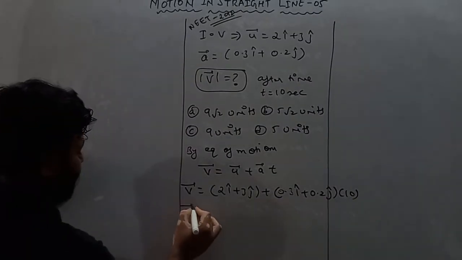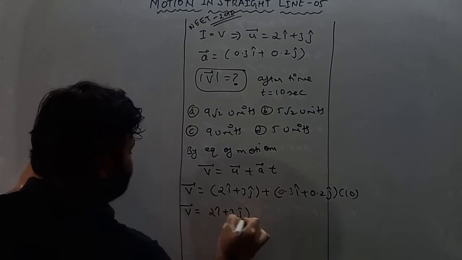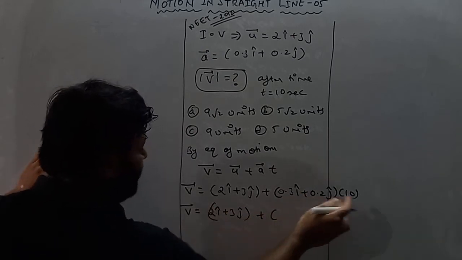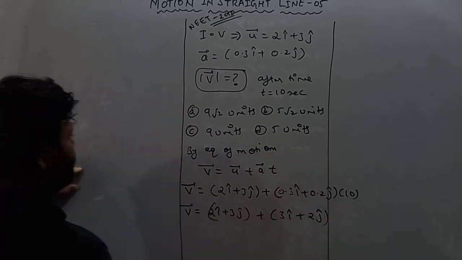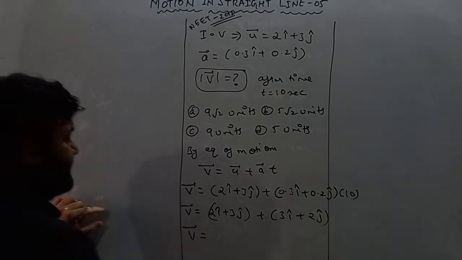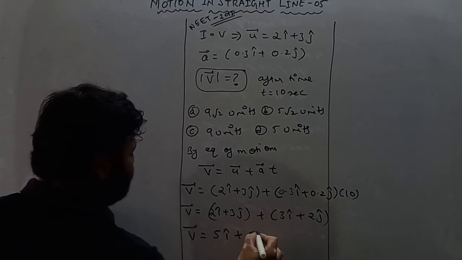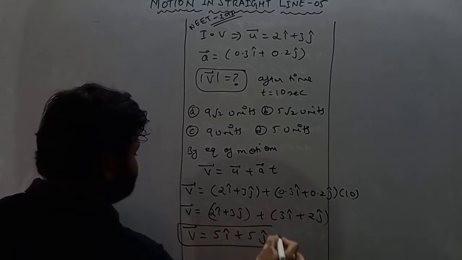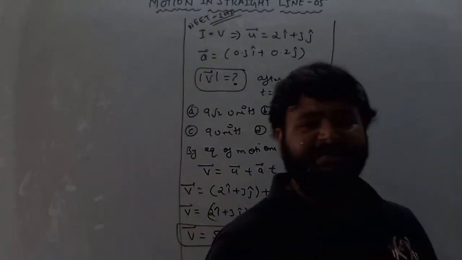So what will we get, my dear students? The v vector is equal to 2 i cap plus 3 j cap plus 0.3 into 10, that is 3 i cap, plus 2 j cap. Now we know that we have to add the i terms and j terms. So it is 3 plus 2, 5 i cap, plus 3 plus 2, 5 j cap. This is the value of velocity, or we can say final velocity.